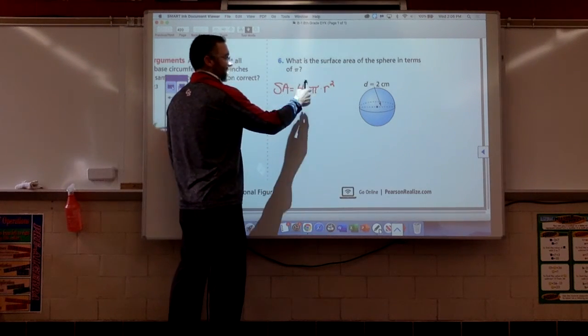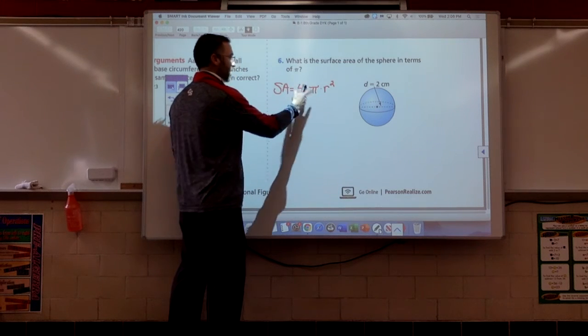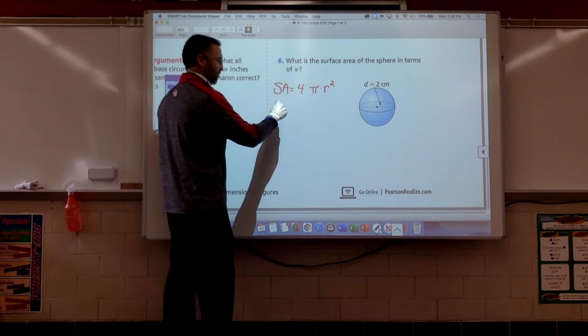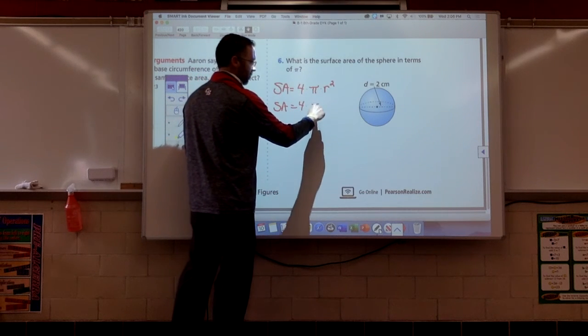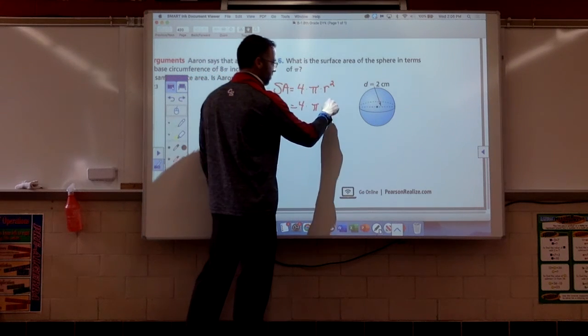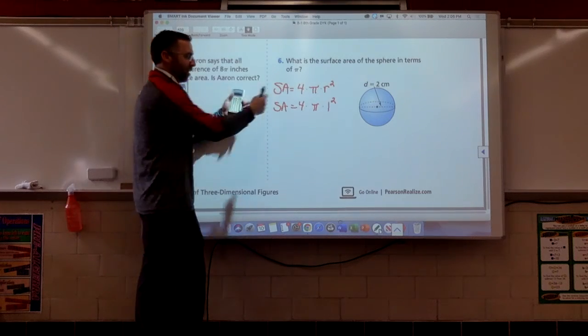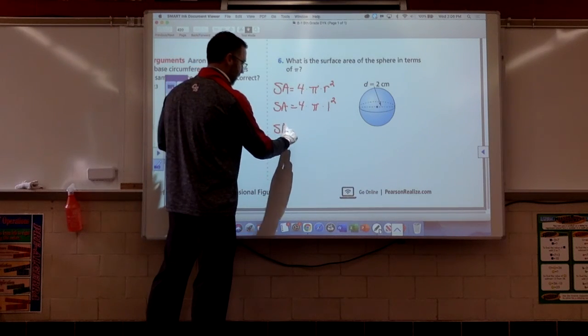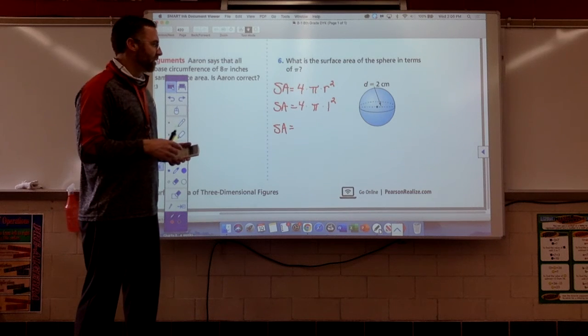So really all we need to know is the radius. Now, in this case, it doesn't say replace pi with anything, so we're not going to. It doesn't say put 3.14 in there. So 4 times pi times the radius squared. What's the radius? 2. No, radius is 1. It's half of the diameter. Now, all you got to do is multiply everything together except the value of pi.